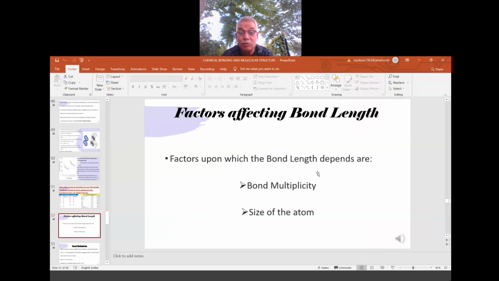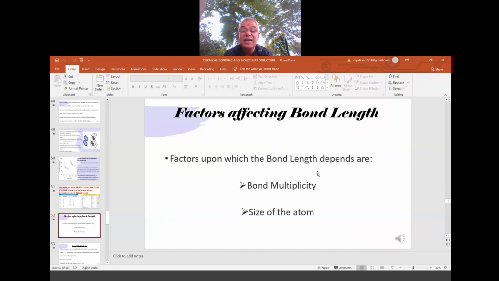And if it is a triple bond, three pairs are sharing. To share three pairs, they have to come so close that a triple bond is formed, and it is the strongest bond. That's why nitrogen is highly inert. Why? It has an N triple bond N. So one factor on which bond length depends is bond multiplicity, the number of bonds between the two atoms.